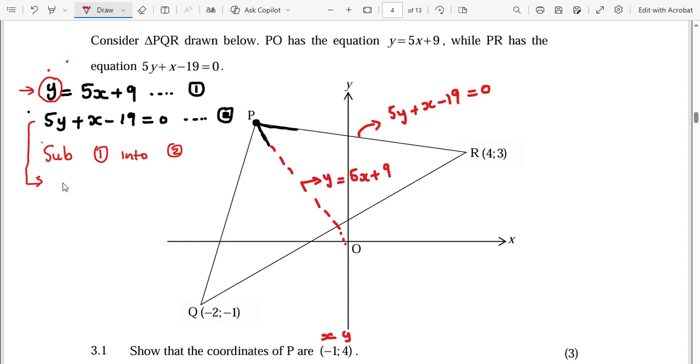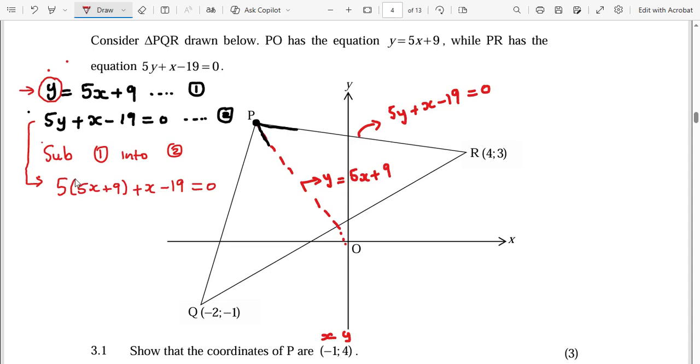So this becomes 5 times the bracket 5x plus 9, close the bracket, plus x minus 19 equals 0. The aim is to make sure that whatever equation we are working on, there's only one variable, which is x. So let's multiply out the bracket, group the like terms, and add them.